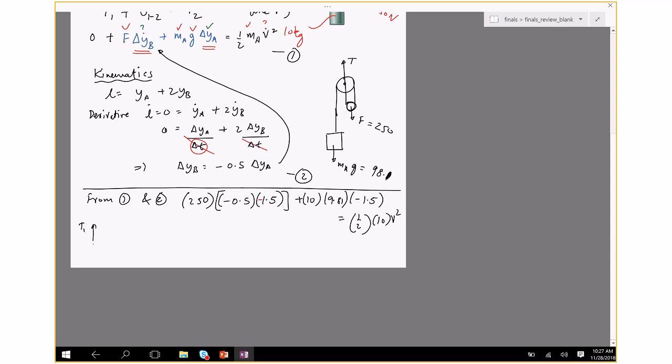Let me just draw this over here, what I just said, MAG, and then we'll have T1, T1, 250.